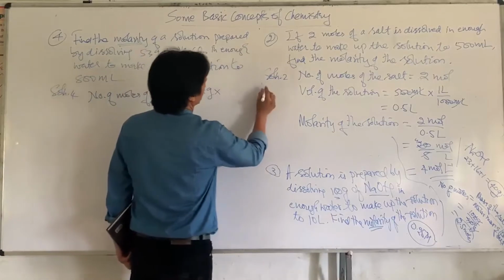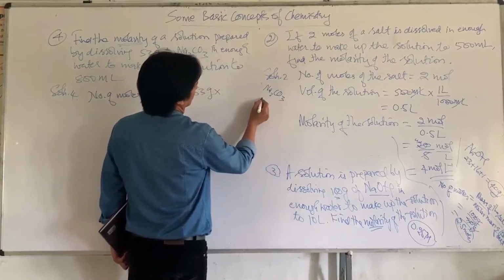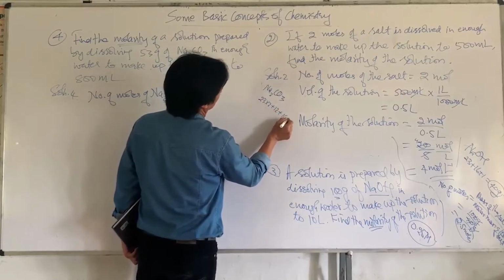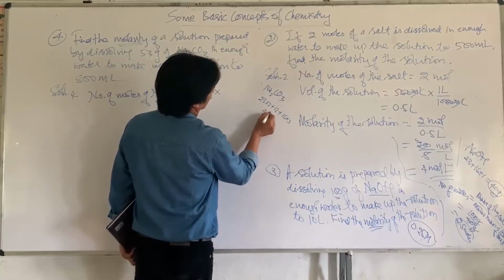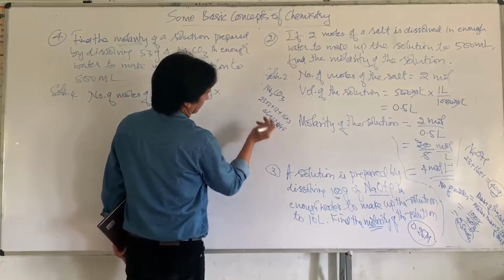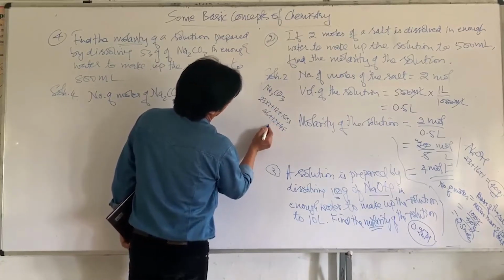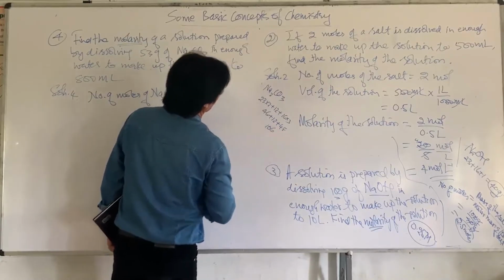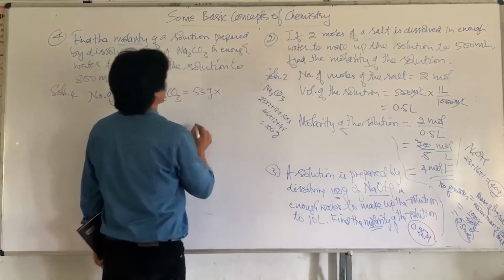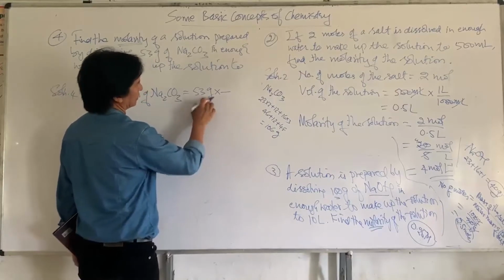As far as sodium carbonate is concerned, its molar mass is 23 times 2, plus carbon is 12, plus oxygen is 16, 3 times. So this is 46 plus 12 plus 48. Totally, I think it's 106, right? 106 grams. If you divide by 106, you get number of moles.